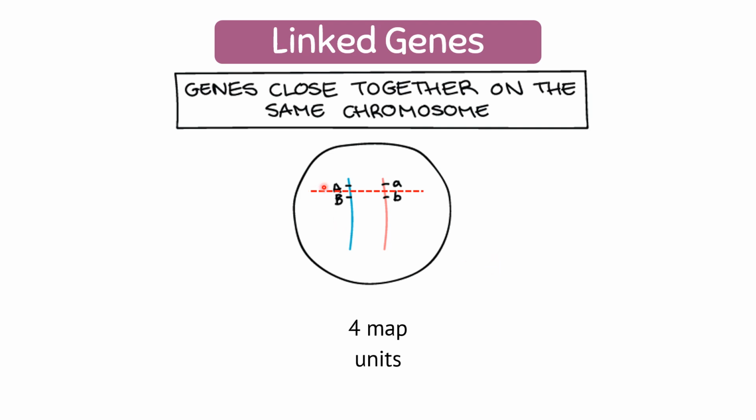So here we have gene A and B. On one of the chromosomes, they are dominant alleles, on the other chromosome, they're recessive alleles. And they're only 4 map units apart, so there's only a 4% chance that crossing over is going to happen right between gene A and gene B.